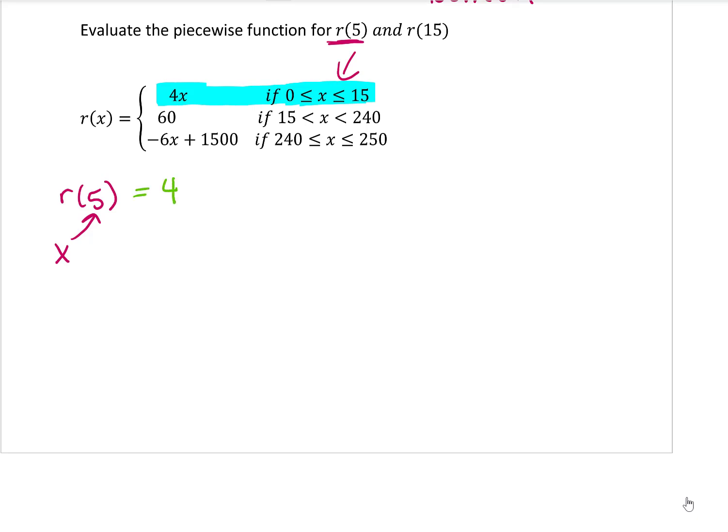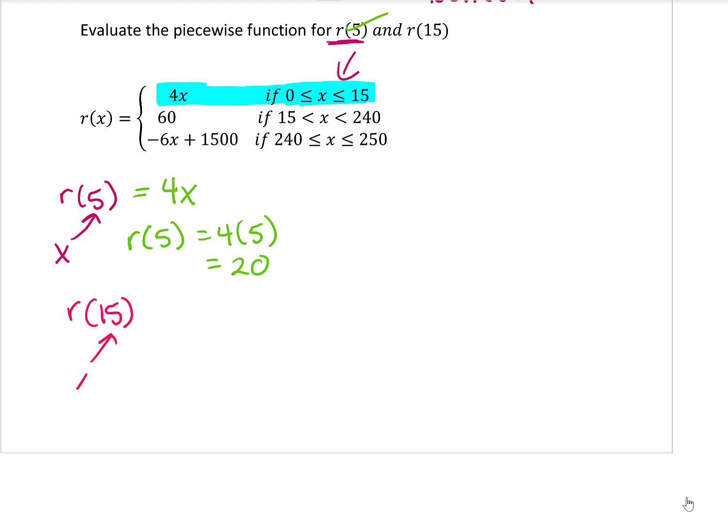I take the equation of 4x, and then I plug in the 5. So r of 5 is equal to 20. Now something that's really important, you do not sub that x value of 5 into any of the other equations, only the one where 5 falls into that specific domain. Done.